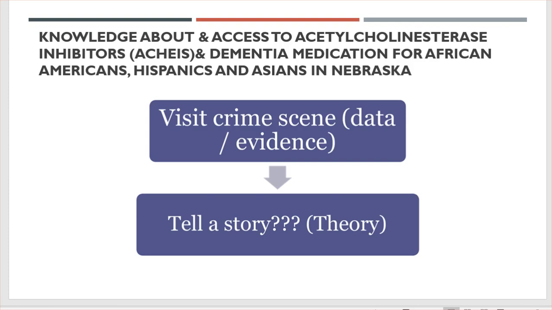Then we see if there's any existing theory that can be used to tell a story pertaining to the data we gather or the evidence we found. When we do this, we are essentially engaging in an inductive reasoning approach in doing research.